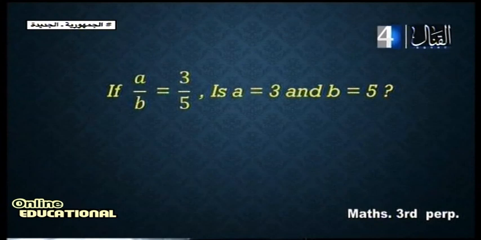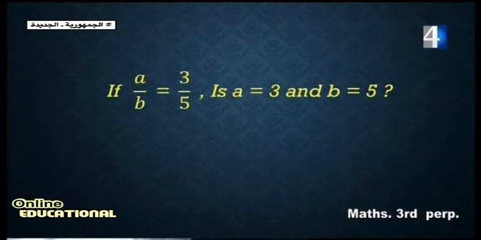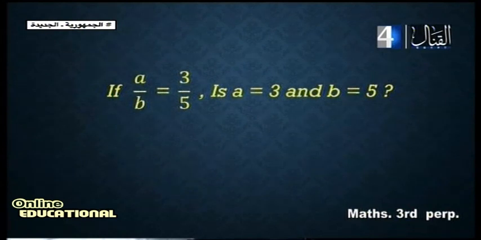Maybe the consequent and the antecedent are both multiplied by 10, so it will be 30/50, and so on. So in this case, can we say that A equals 3 and B equals 5? Of course not.